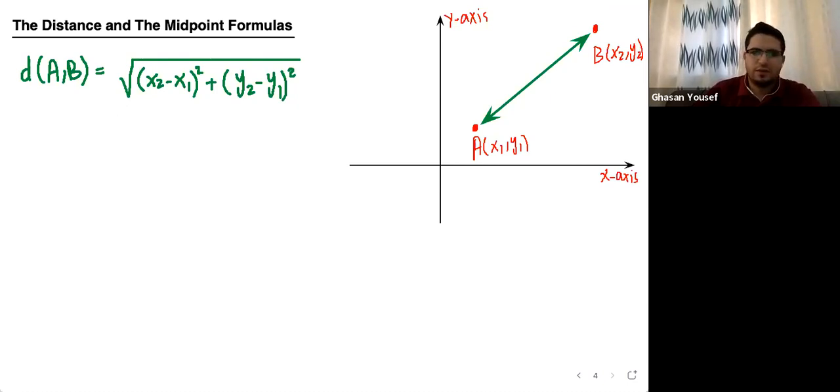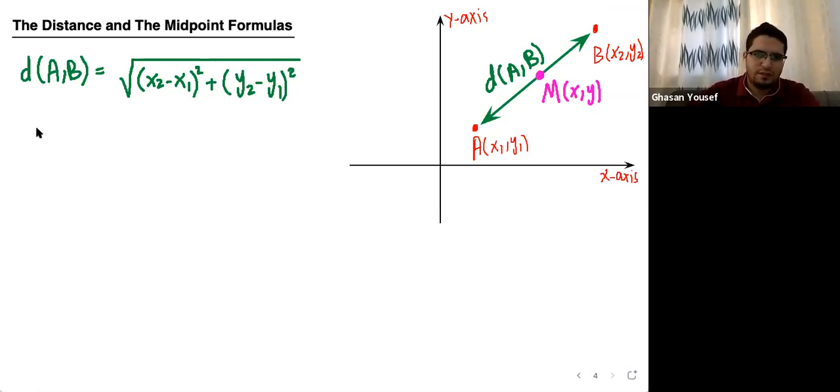And also the midpoint. The midpoint I can define as the point in the middle. So this is the point here in the middle, called M of x comma y, the midpoint between these two points. The green one is the distance denoted by d of A comma B, and this pink color is the midpoint.